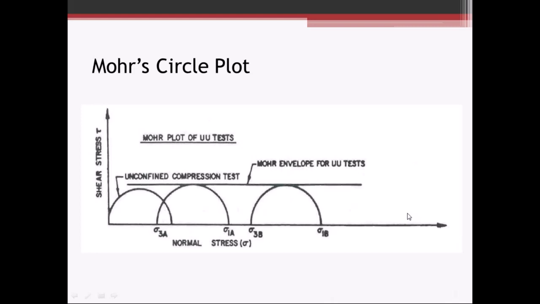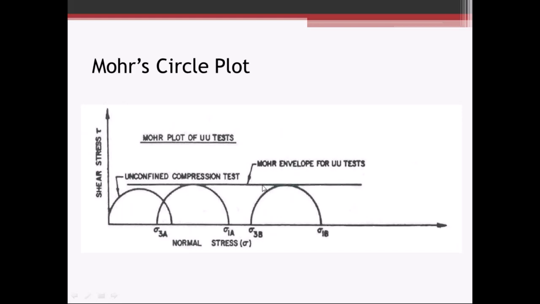And here's a typical Mohr circle plot, again out of the DOT GDM manual. So for the UU tests, sigma 3 is the minor principal stress, which is going to be the chamber pressure. And sigma 1 is the major principal stress, which is the deviator stress at failure, plus the chamber pressure.